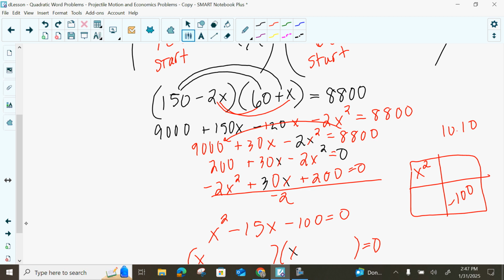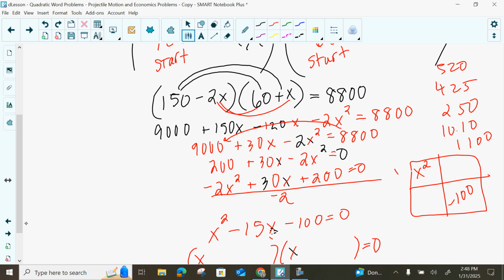That doesn't get us to 15 when we add or subtract. Give me another one. 1 and 100. Nope, doesn't add or subtract to get to 15. 2 and 50. Doesn't add or subtract to get to 15. 4 and 25. Doesn't add or subtract to get it. 5 and 20.